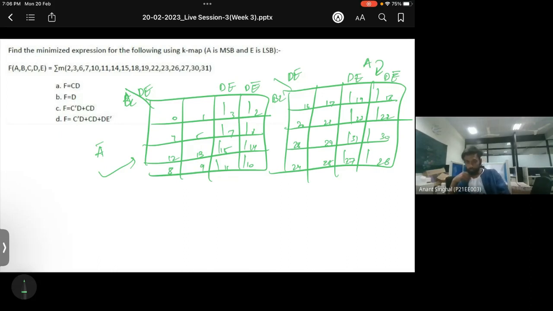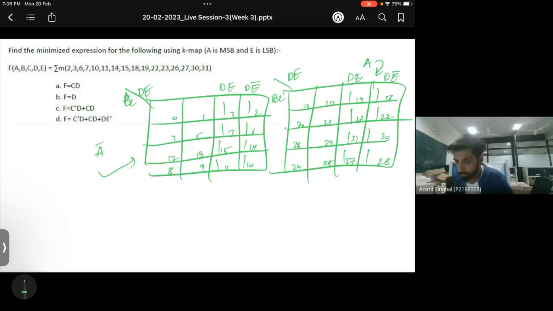Everyone else, please respond if you got any answer, or if you are not even able to solve it, you can write in the chat box so that I can start. Okay, two. What do you mean by two? So option B you meant? Okay, we'll see now. Most of you are getting option B and one is getting option D.